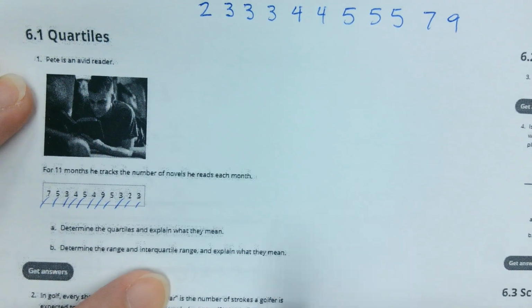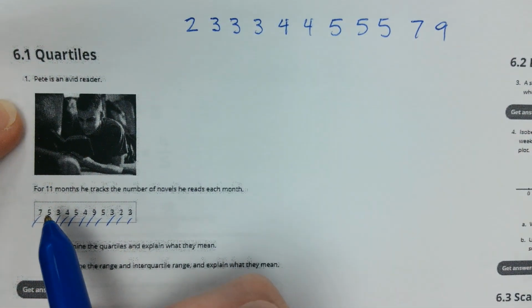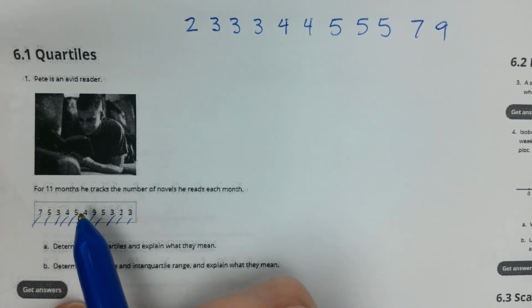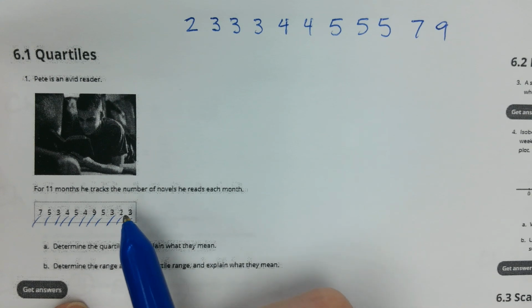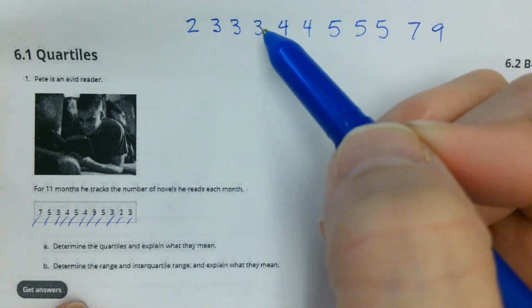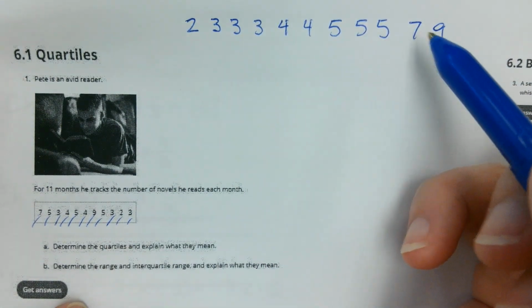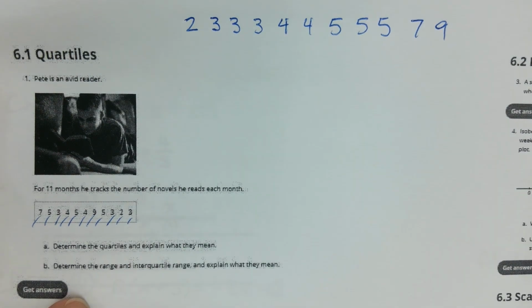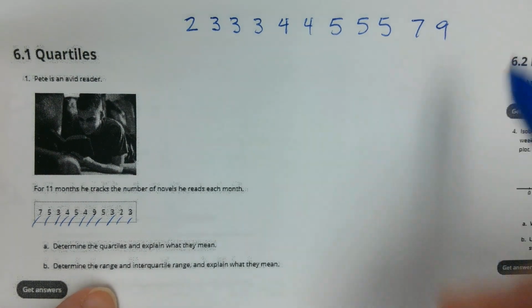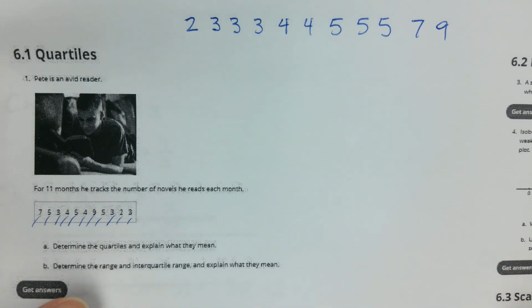When you do this, make sure you have the same number of numbers left. So 1, 2, 3, 4, 5, 6, 7, 8, 9, 10, 11. 2, 4, 6, 8, 10, 11. Okay, I didn't miss any. If you made this silly mistake, then all your math is going to be wrong. So make sure you don't do this.